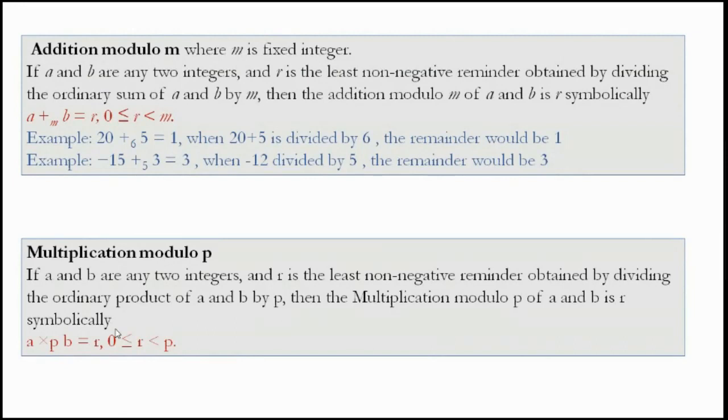Minus 6 into 5 is how much? Minus 30. Minus 30 modulo 8 is minus 6. So 8 minus 6 is 2. So that is the resultant value.